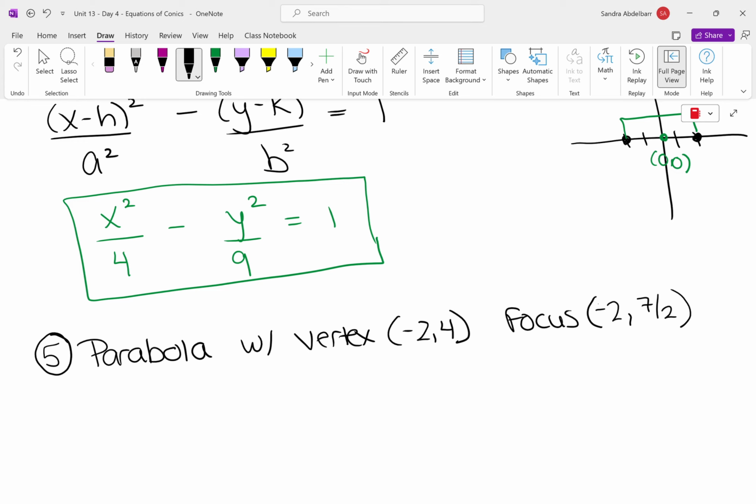Okay, the first thing we have to identify is what kind of parabola do we have? Do we have a vertical parabola? Do we have a horizontal parabola? What kind of parabola, and how will we figure it out?